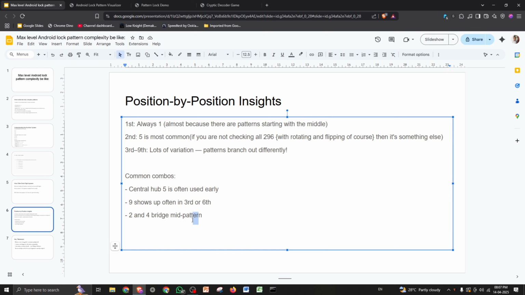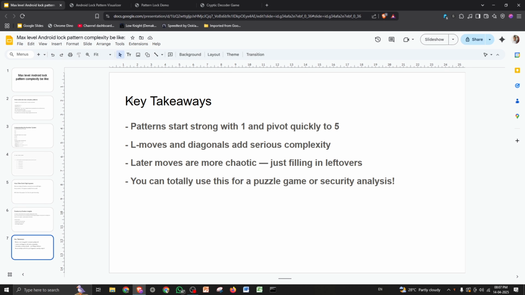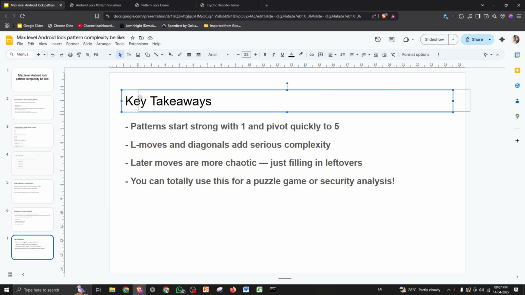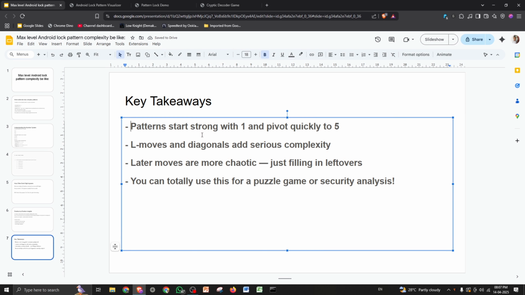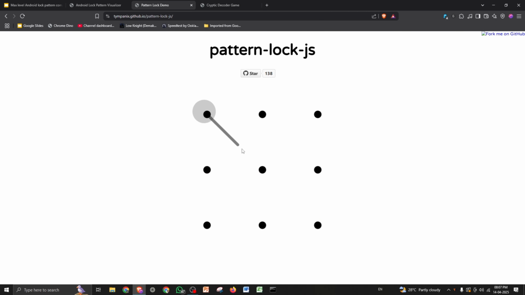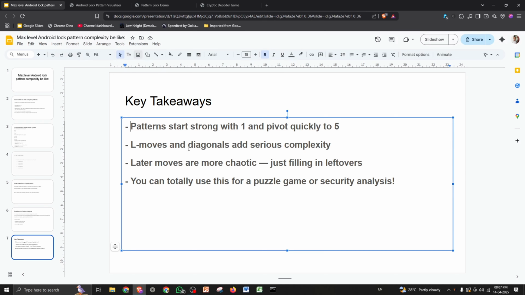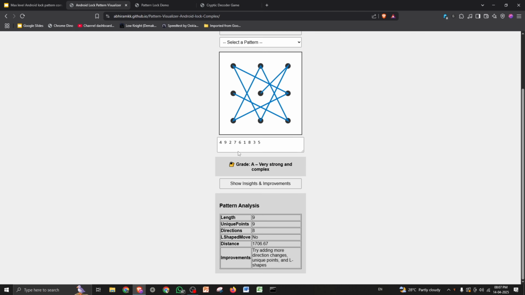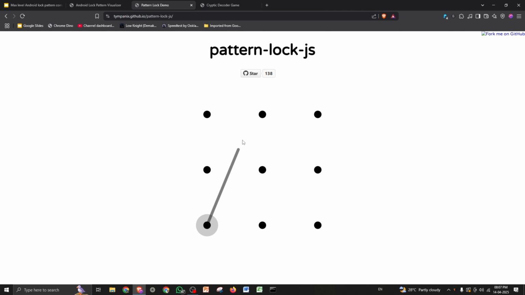You can just read this. And key takeaways: patterns start strong with 1 and pivot quickly to 5. It's basically like this. Bam. And L-shape moves and diagonals are seriously complicated. I mean, who can do this thing fast?